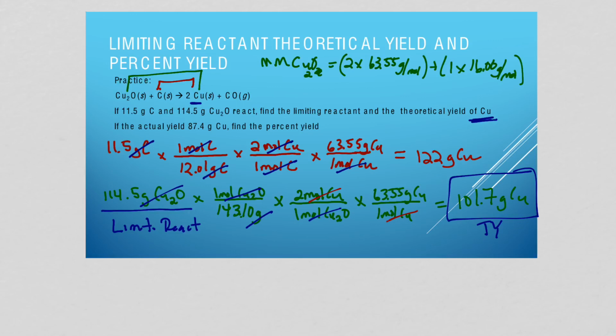Now the last part of this asks me to look at what if I did this reaction but only made 87.4 grams of copper. What's my percent yield?